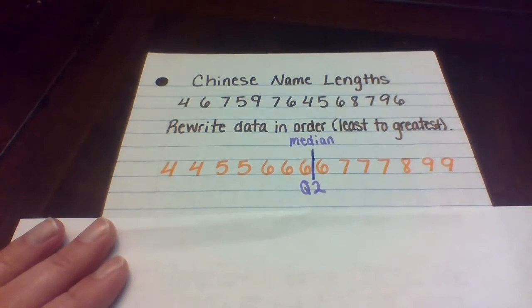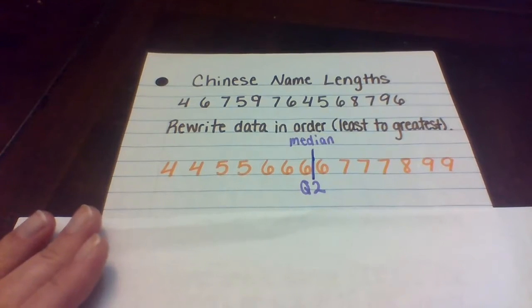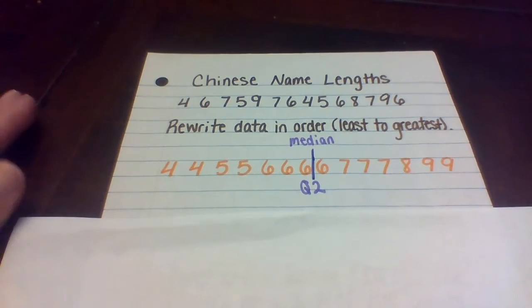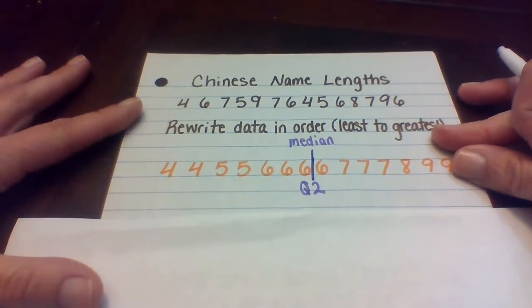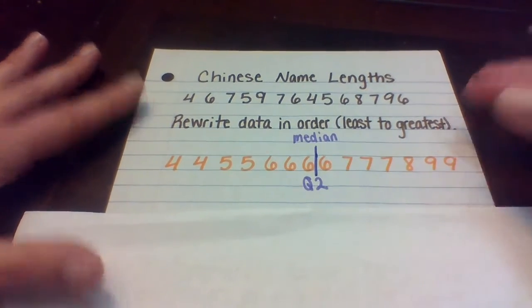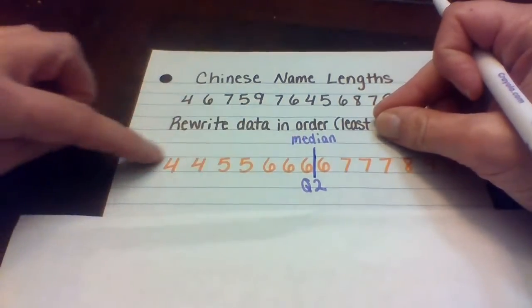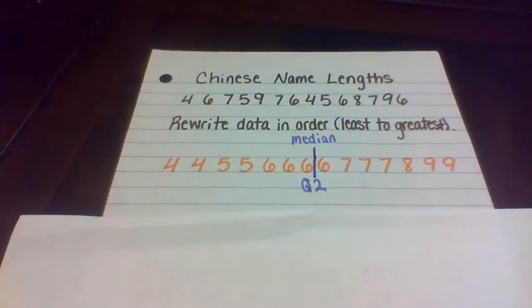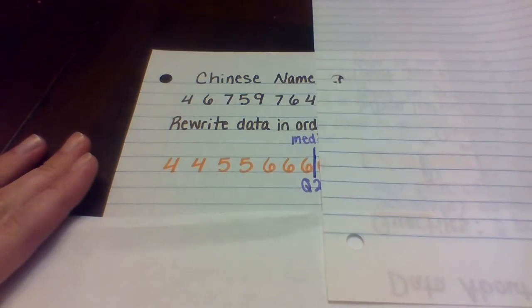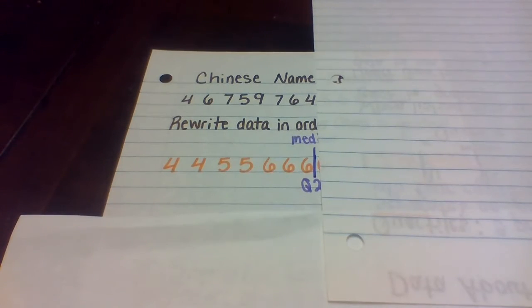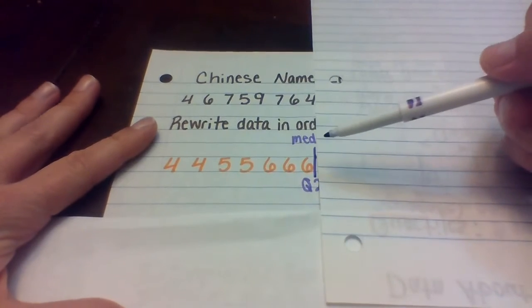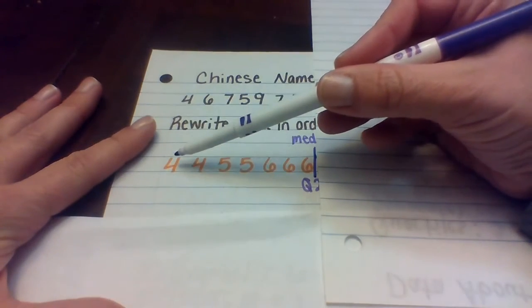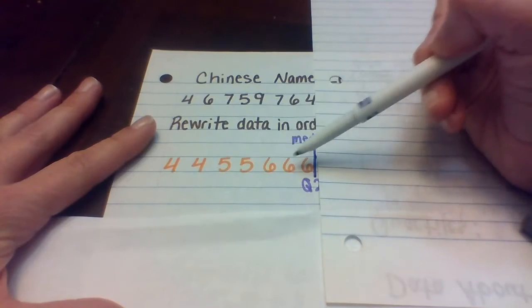Okay, now in order to find my Q1, which is my lower quartile, because it deals with my lower numbers, I need to find the middle, the median of just this piece of data. So if it helps, cover up that other data for right now and just look at the middle of the data from the left side to the median. I'm going to count how many pieces of data I have again here. 1, 2, 3, 4, 5, 6, 7.